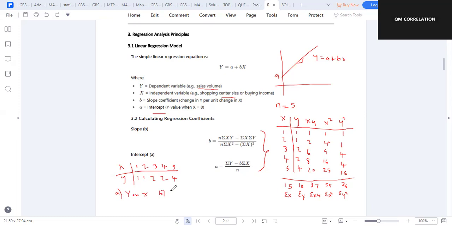So the role of predicting. Number C, we ask you to find r and r squared and interpret.